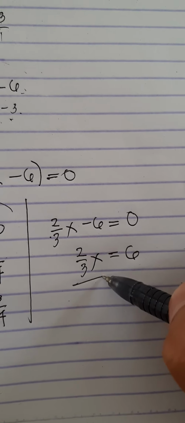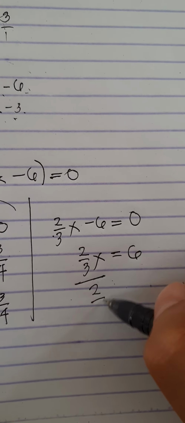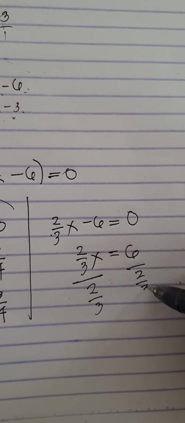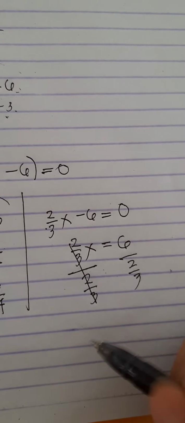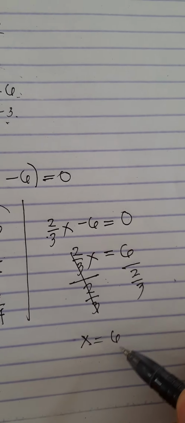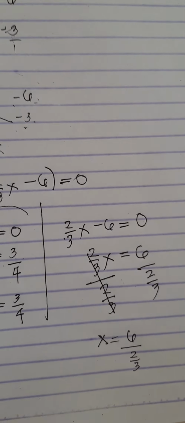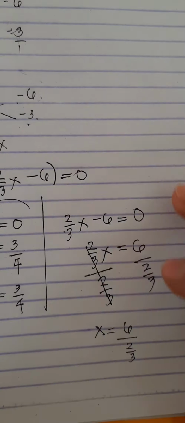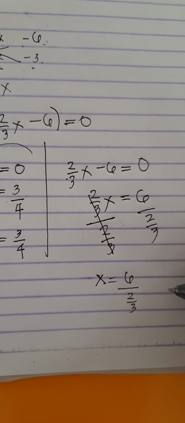Next, divide both sides by what? 2/3. So the 2/3 cancels out, and what will be left is x is equal to 6 divided by 2/3. Is that the answer? No. We still need to find the simplified one.